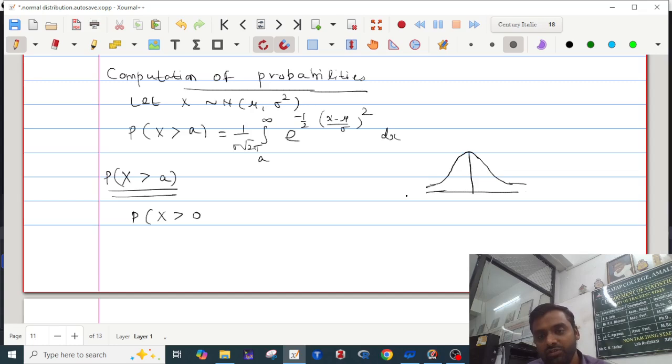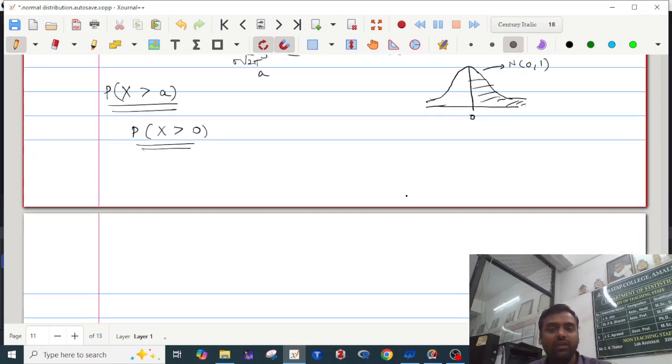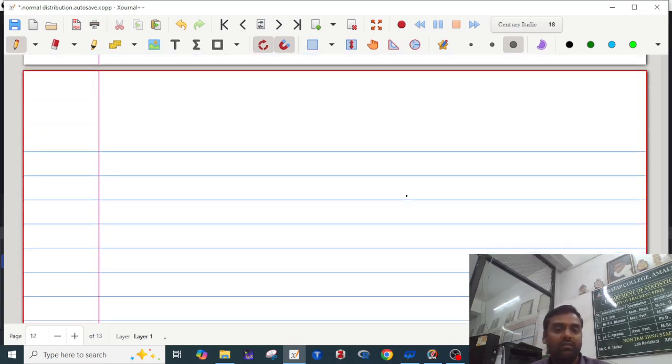If this is the PDF of normal 0, 1, and this is 0, the probabilities from here onwards we can see in the statistical table. Okay, so we can find the probability of X greater than a, and this a should be greater than 0. To find these probabilities from the statistical table, we have to follow some simple rules.